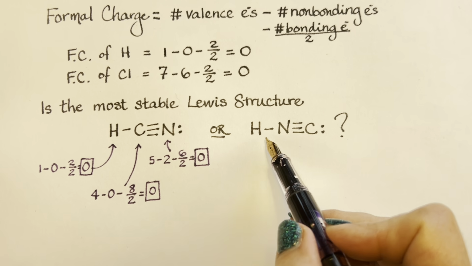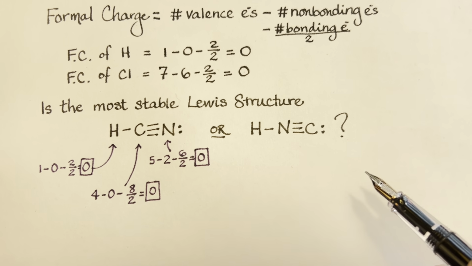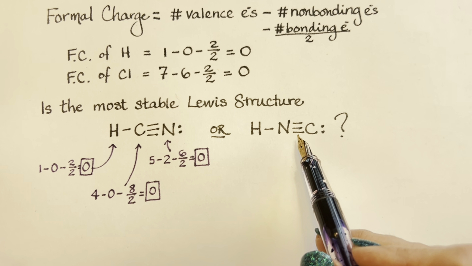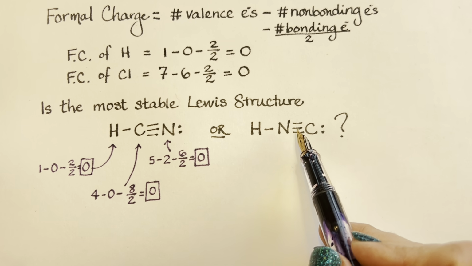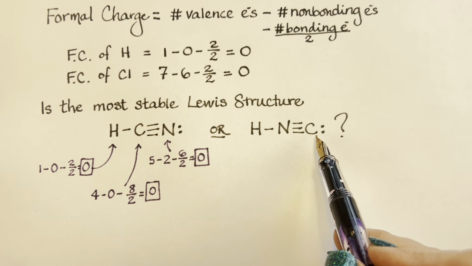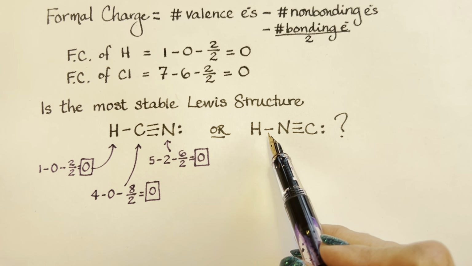Now let's look at if the structure were HNC instead. Both of these structures are viable in terms of the number of valence electrons included, they are all there, and these two atoms have their octets, so that looks good. Hydrogen has 2 electrons, that's good.